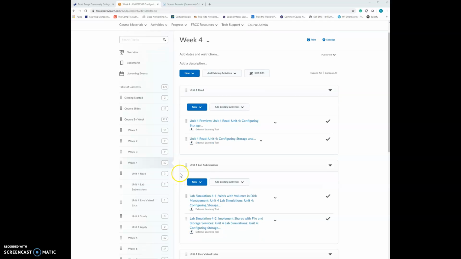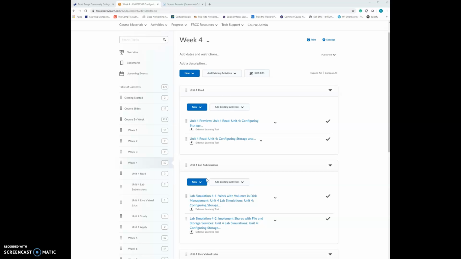This week we are jumping into storage configuration, working with disk management. This is probably one of the chapters where you'll get the most valued information: creating backups, expanding volumes.